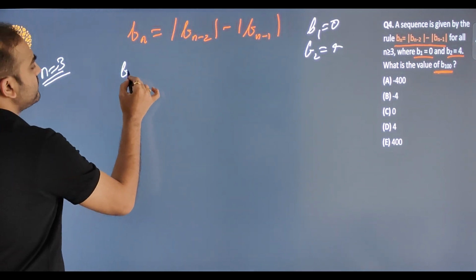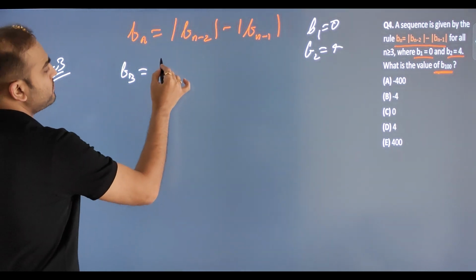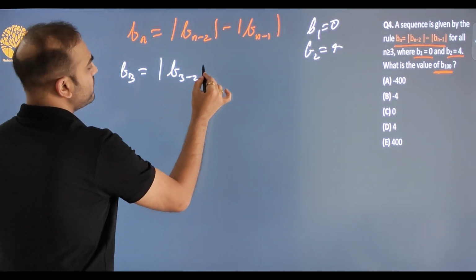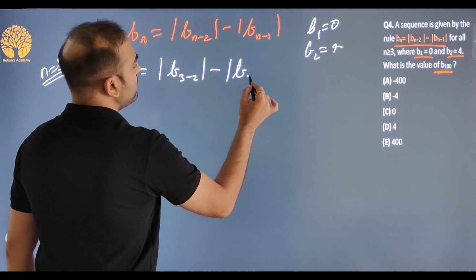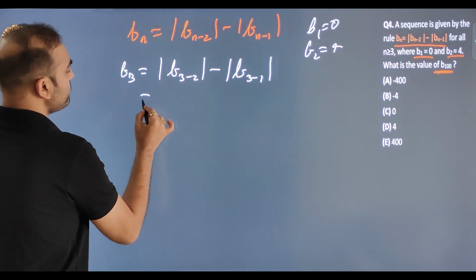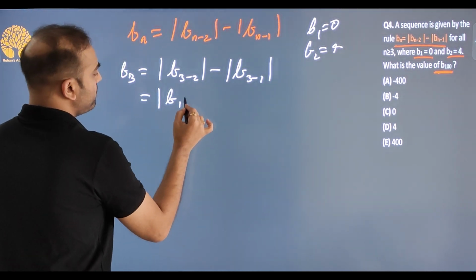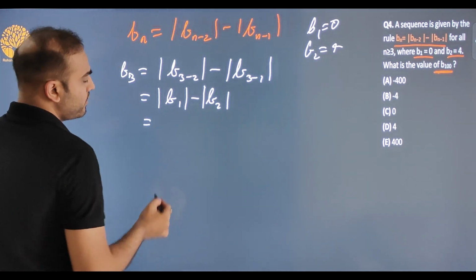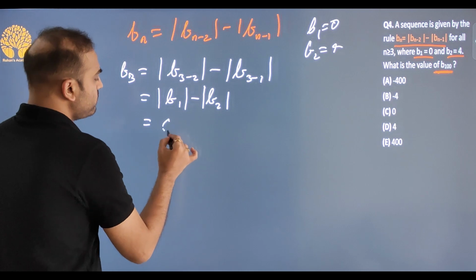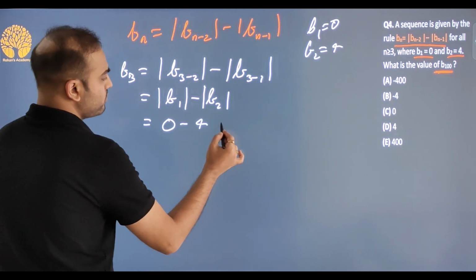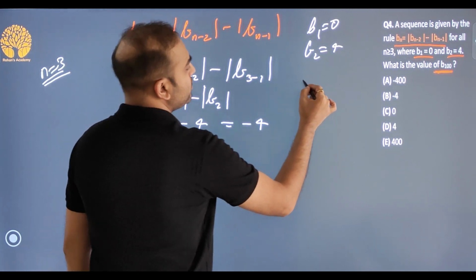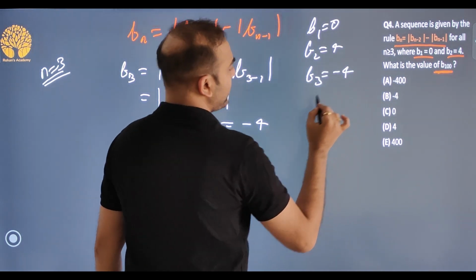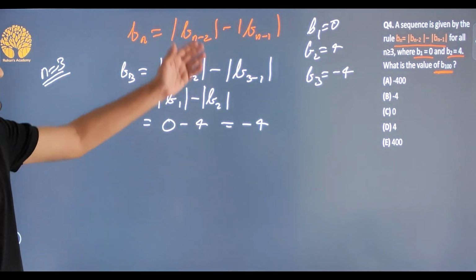So if I put n as 3, B3 is modulus B3 minus 2 minus modulus B3 minus 1, modulus B1 minus modulus B2, right? Modulus of 0 is 0, minus 4. So B3 becomes minus 4. Alright, that's a different value.